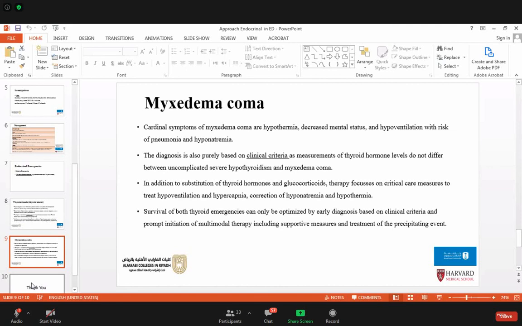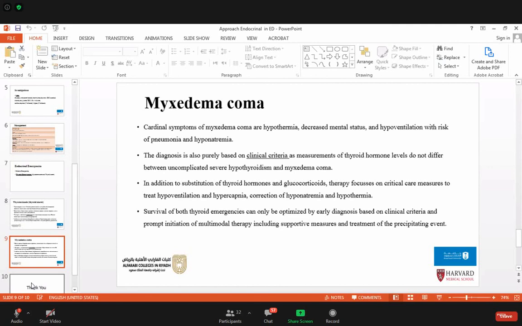So you have a patient presenting to the emergency room with altered status, confusion, delirium, or whatever, with myxedema, edema involving the lower extremity. And the family will give you a history that the patient has thyroid problems, let's say had surgery before, and is supposed to be on thyroid therapy, thyroxine therapy, and the patient did not take the medication over the last 10 days or so. This is one of the scenarios.